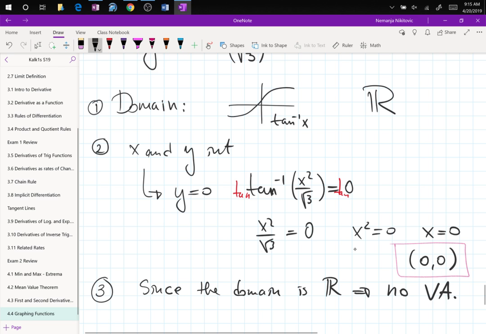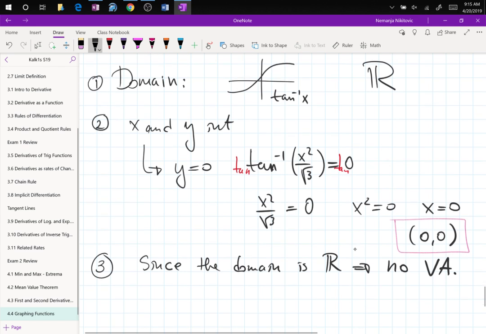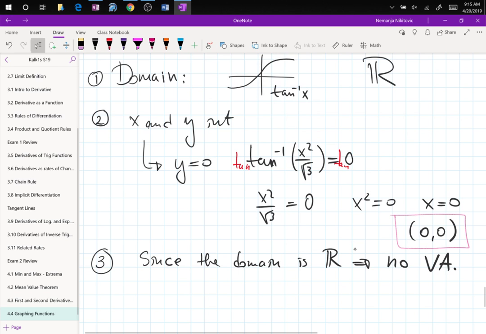Now, we used to have horizontal asymptotes. Again, no slant asymptotes, because this is not a rational function with a polynomial divided by a polynomial, so no slants. The only one that we could have would be the horizontal asymptote, right? So now, where is the horizontal asymptote? Well, the original problem had the horizontal asymptote at pi over 2.